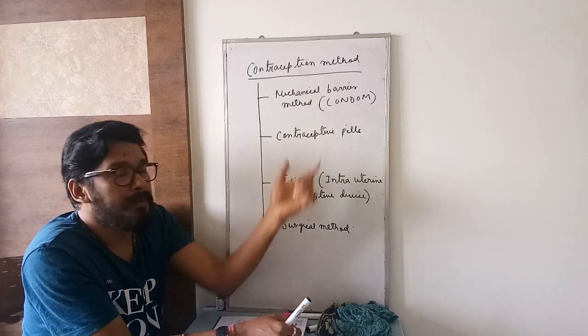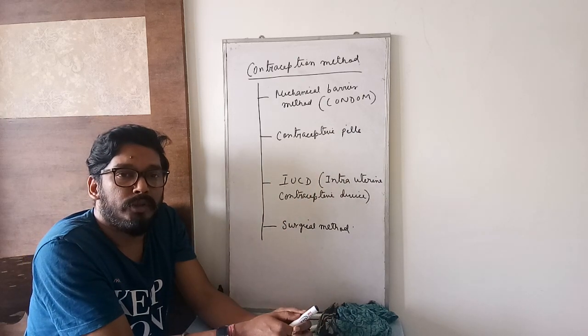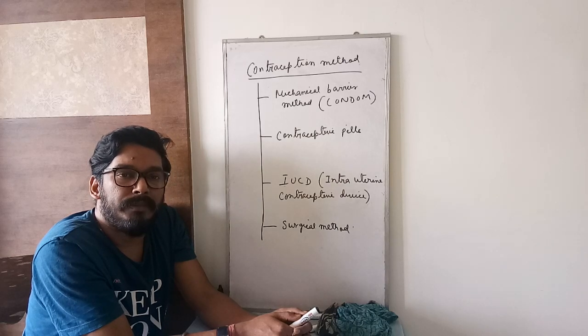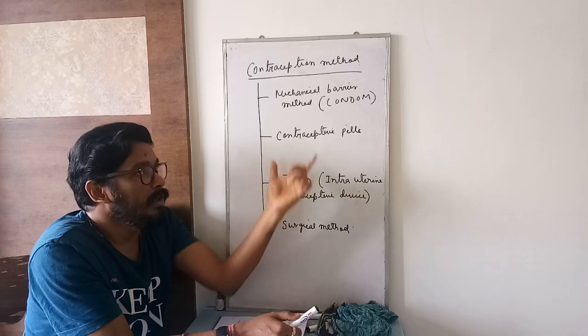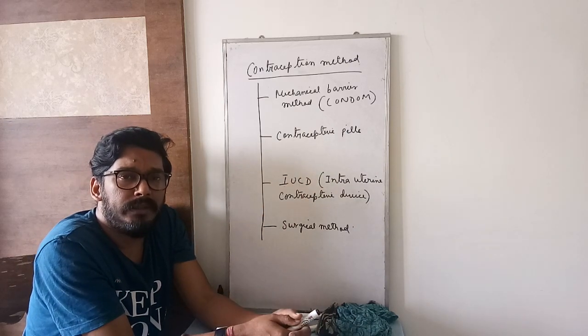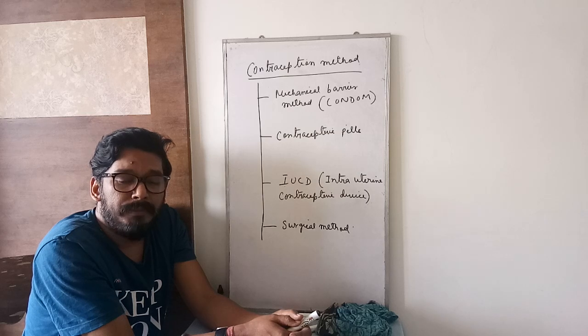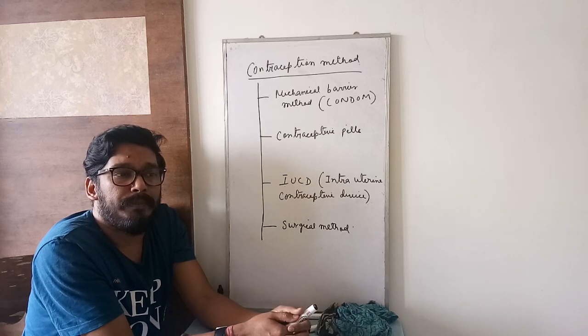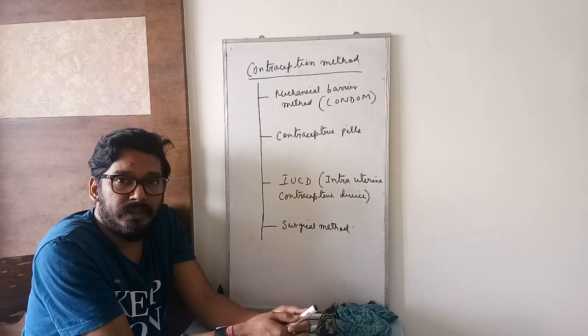But it should be prescribed by a doctor. The doctor will prescribe it, and as per his instruction the contraceptive pills are taken by the female, because these pills can have very bad side effects. You may lose the capacity to become pregnant in future.